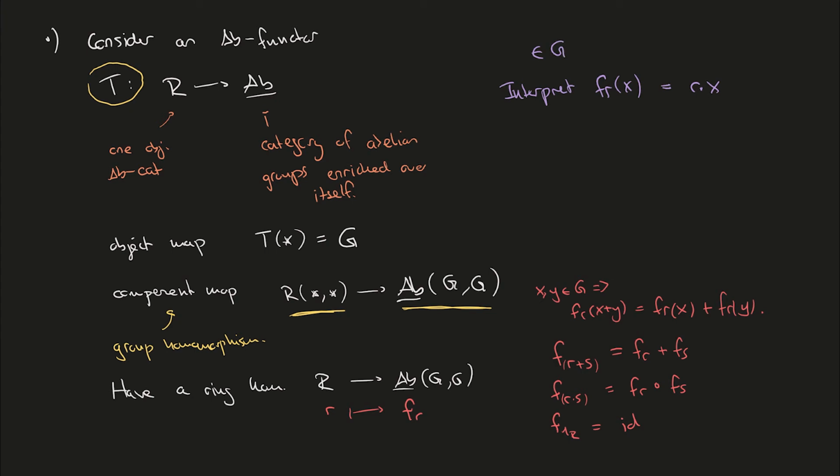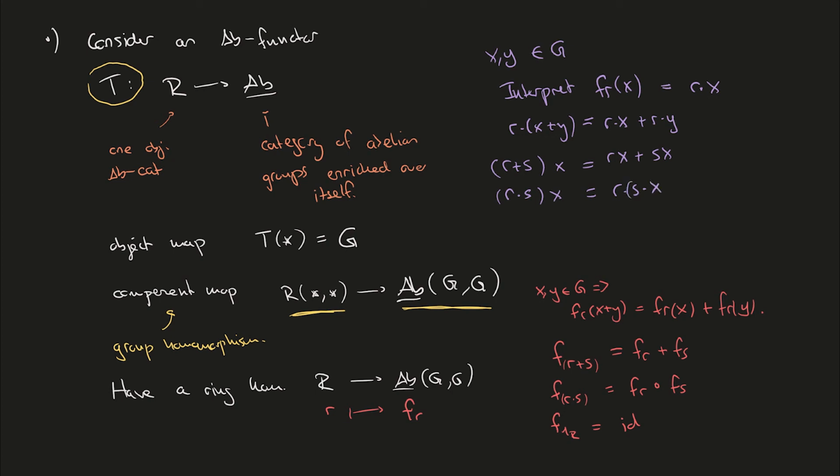And we'll also need a second element, so let's make it x, y being elements in the group. Now if we write down the conditions again with this interpretation, we get that r times x plus y is equal to r times x plus r times y. Then we have that r plus s times x is equal to r times x plus s times x. Then we have that r times s of x is equal to r of s of x.